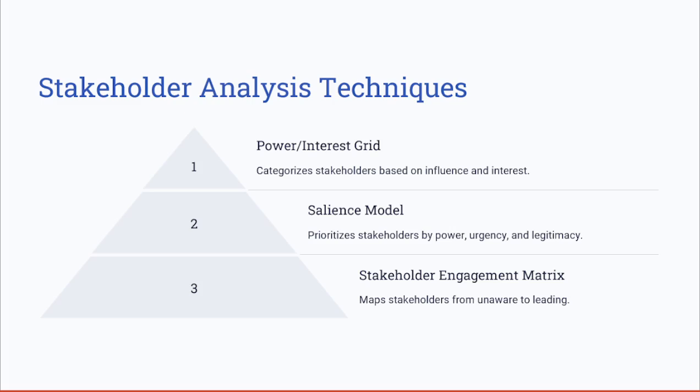A very important concept we have to focus on is stakeholder analysis techniques. Stakeholder analysis is a key technique in planning, and the power interest grid helps classify stakeholders based on their level of involvement and influence. You need to tailor your communication based on that level.